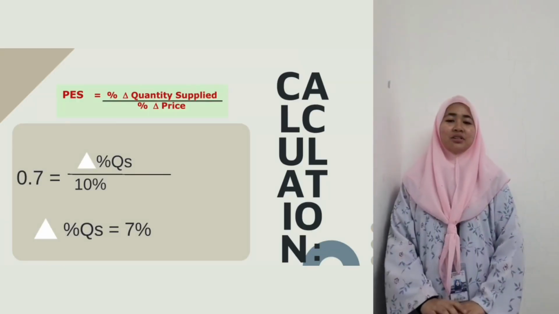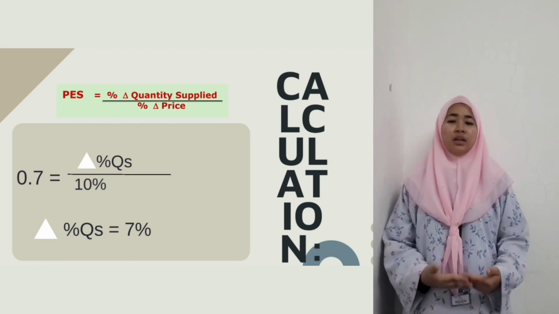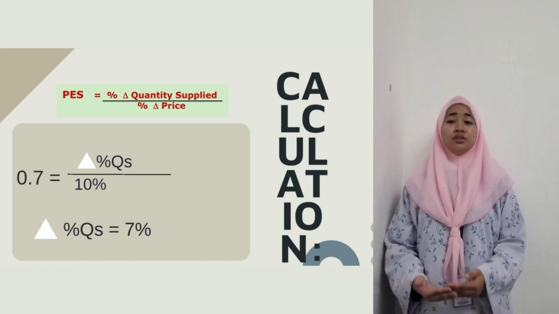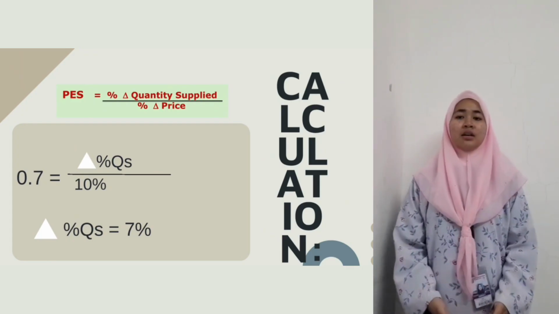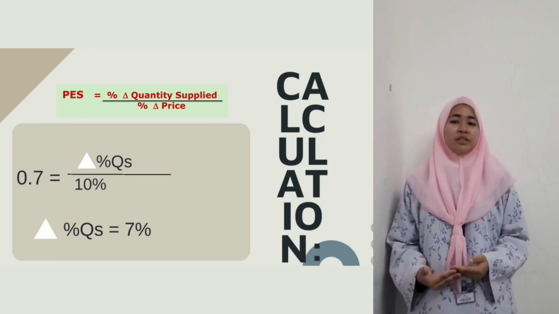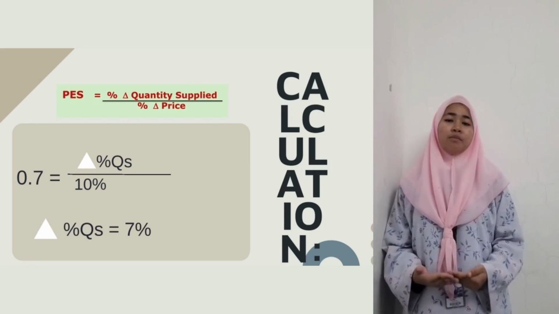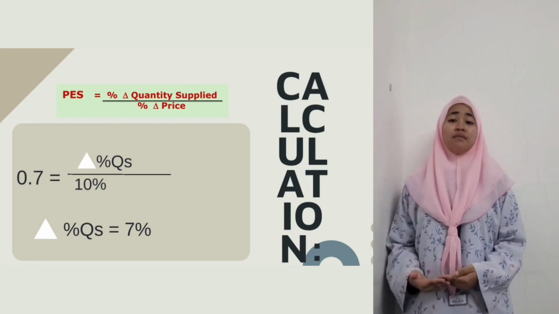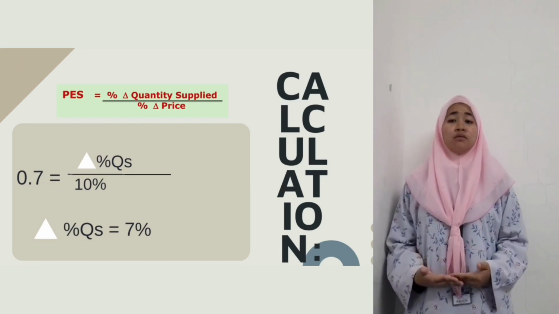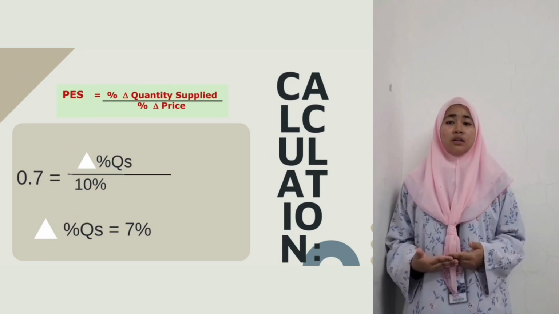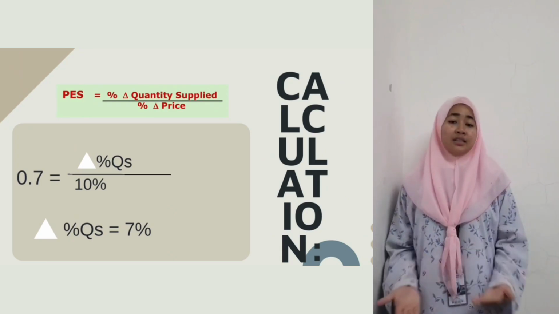Next, we're going to the calculation. We're using the coefficient formula to calculate the percentage change in quantity supplied. The percentage difference in price, 10%, multiplied by PES at 0.7. Then we get the answer for the percentage change in quantity supplied. That is 7%.